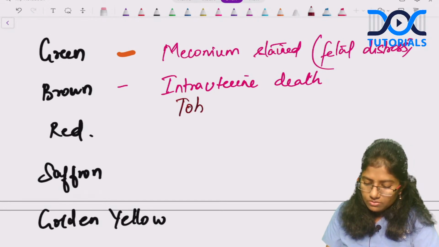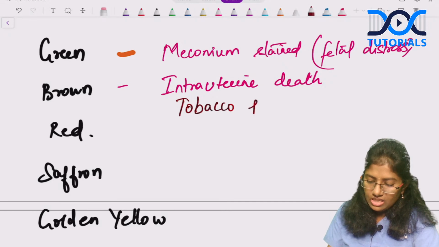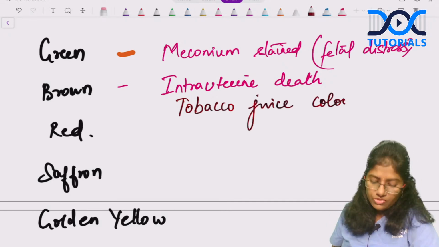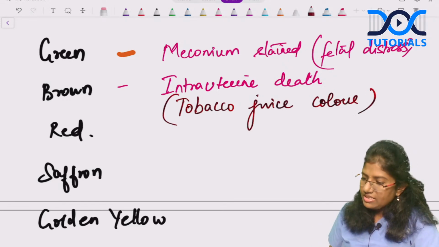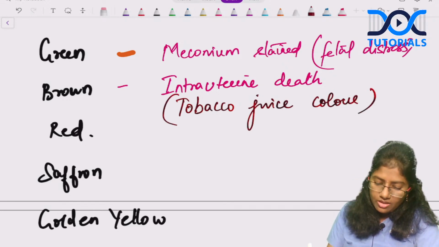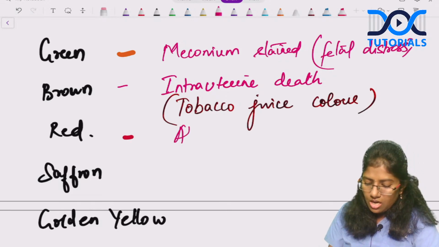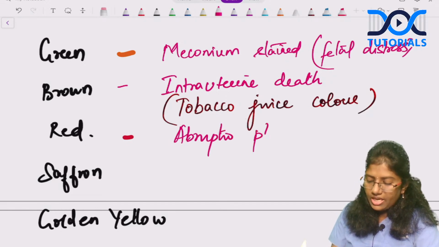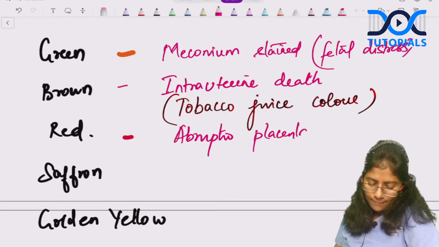Next is red colored liquor, which is seen in abruptio placentae.